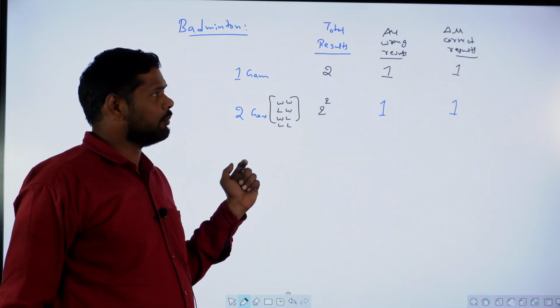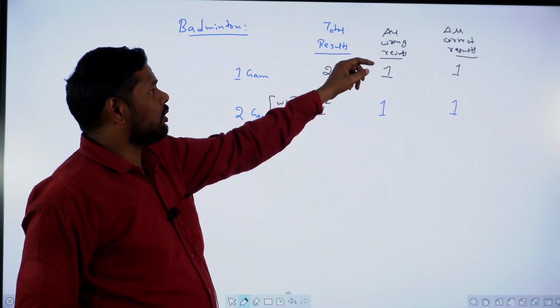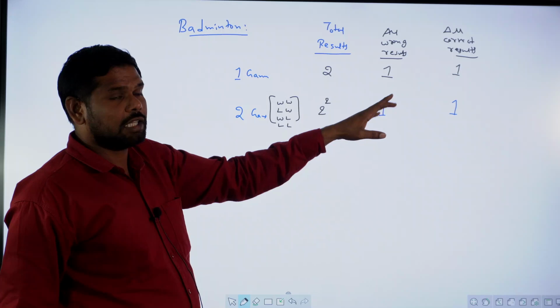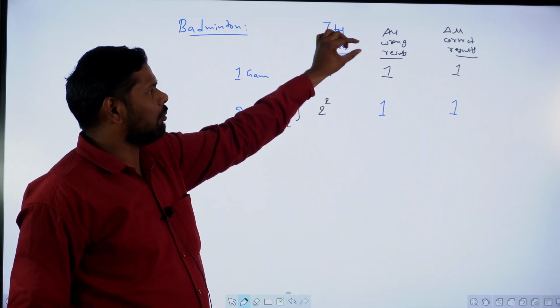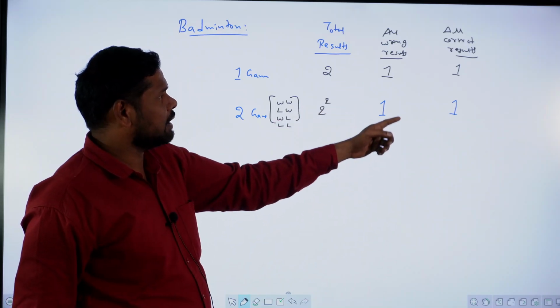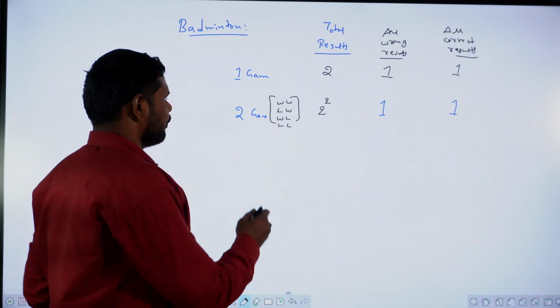I am not asking about the first and second game, but all wrong results and all correct results. That's why it is only one way and one way. If some are wrong and some are correct, there are more possibilities. But all wrong results or all correct results are always one way.